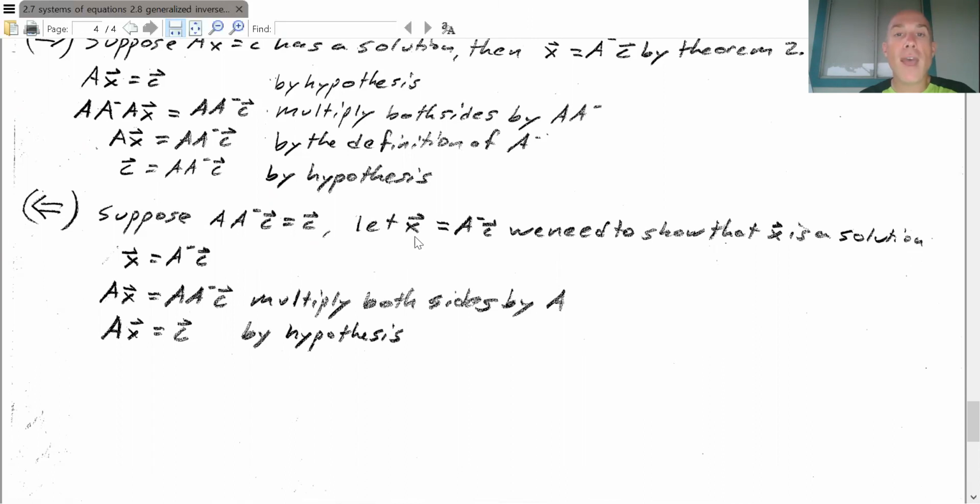And I'm going to say that X is equal to generalized inverse times C. We need to show that X is a solution. So let's multiply both sides by A. Now, by hypothesis, this is equal to C. Therefore, this is equal to C. And then boom, I've got my solution.